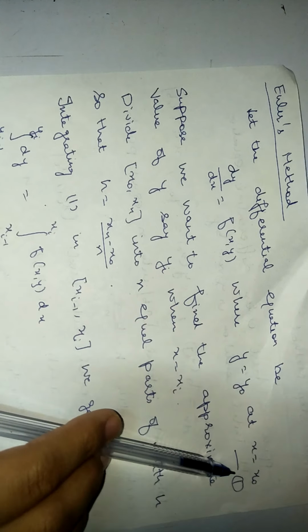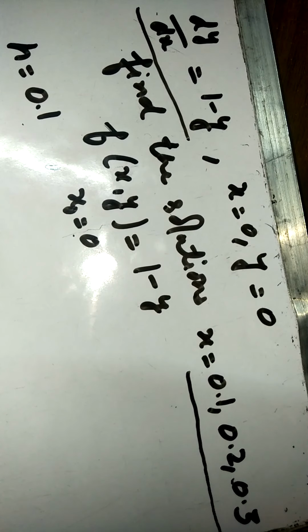Given dy by dx equals 1 minus y, that means f of x comma y is 1 minus y. So h is 0.1. Here h means common difference. So in these values the common difference is 0.1, and it is also given x naught is 0.